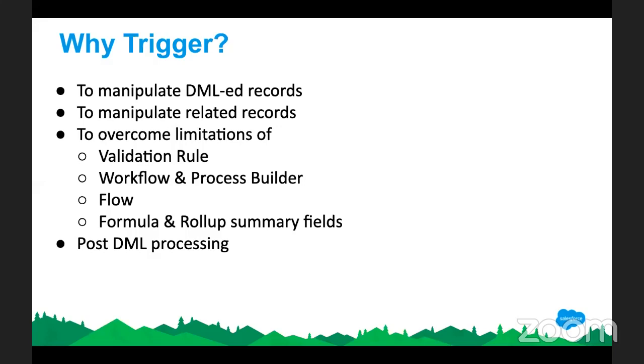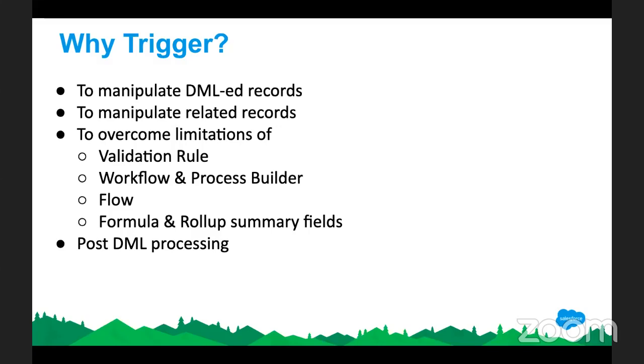Also, we can manipulate the related records. For example, while the DML is on a vehicle, I can access the related trips or driver records or the parent office, whatever it is. So any Apex will work within the trigger.